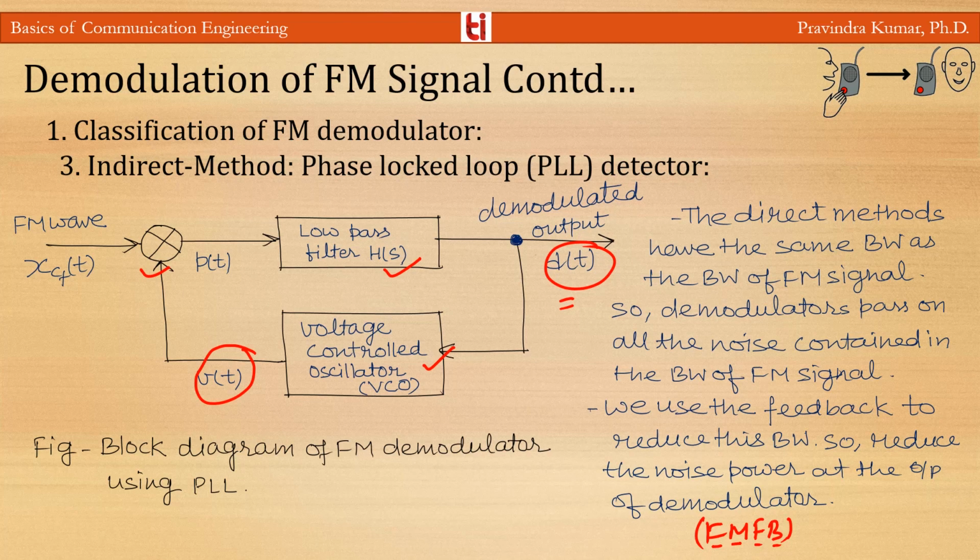The FM signal x_c(t) and the VCO output are applied as inputs of the multiplier. The multiplier produces an output having higher frequency components and a low frequency component. The low pass filter eliminates the high frequency components and produces only the low frequency component as its output. This low frequency component contains only the term related to phase difference. So we get the modulating signal x(t) from the output of the low pass filter.